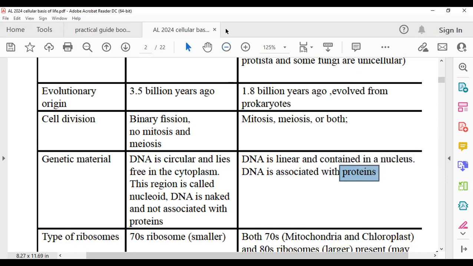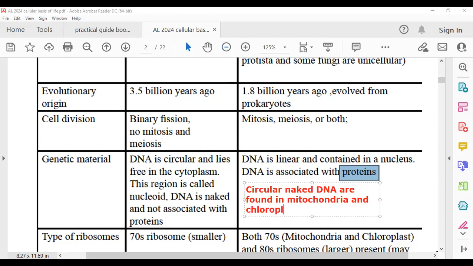Here, an important point you have to write. Circular naked DNA are found in mitochondria and chloroplast of whom?